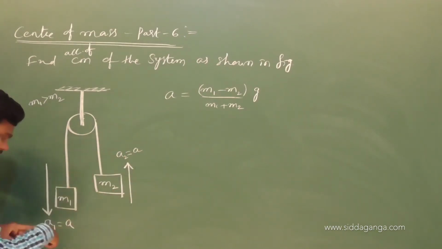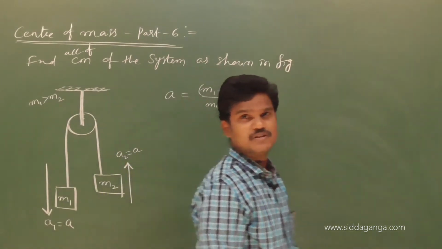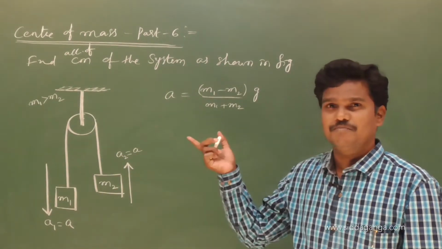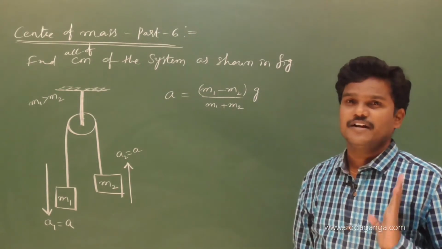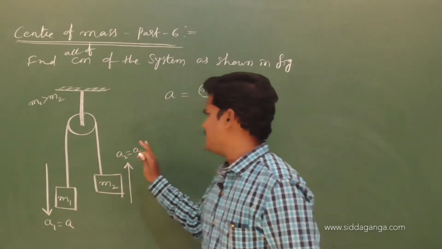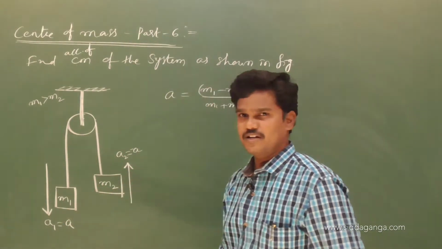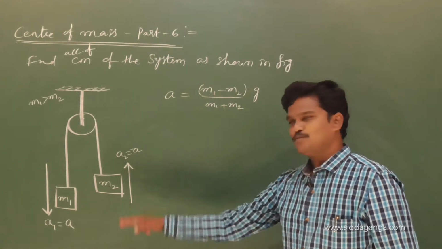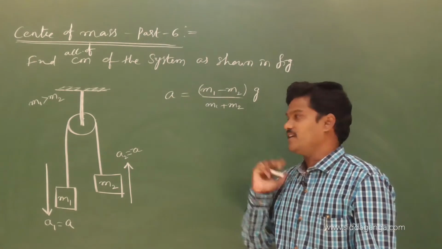Okay, so I wrote a1 equals a, a2 equals a from constraint relation. If one is down, the other one is up. If one is positive, the other one is negative. So if a1 is a, a2 is minus a, opposite. Any one you can take as negative. If a1 is positive a, a2 is negative you can take.